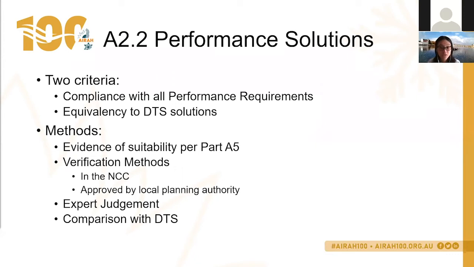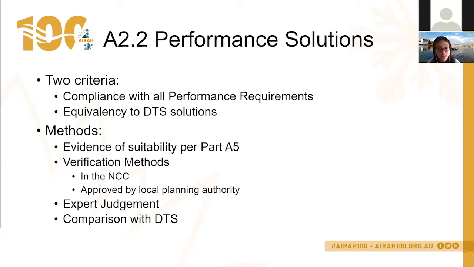There are two things you could do there. One is you could use the ones that are in the National Construction Code itself. So today's session will go through the four that are available to you under Section J, or you can provide evidence that your local planning authority has approved the verification method that you want to use.